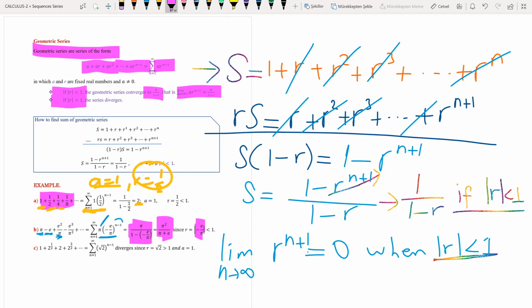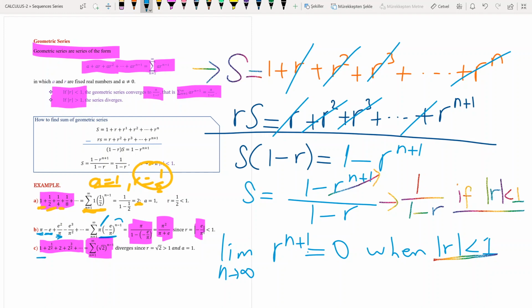Let's look at the last example. 1 plus 2 to the power 1 over 2 plus 2 plus 2 to the power 3 over 2 plus, and so on. Again, it's very important to write this infinite sum using the sigma notation. Here we have from n equals 1 to infinity, square root of 2 to the power n minus 1. As you see, we actually have a square root for each number. For instance, for n equal to 1, we have square root of 2 to the power 0, which is 1, so we get the first term.